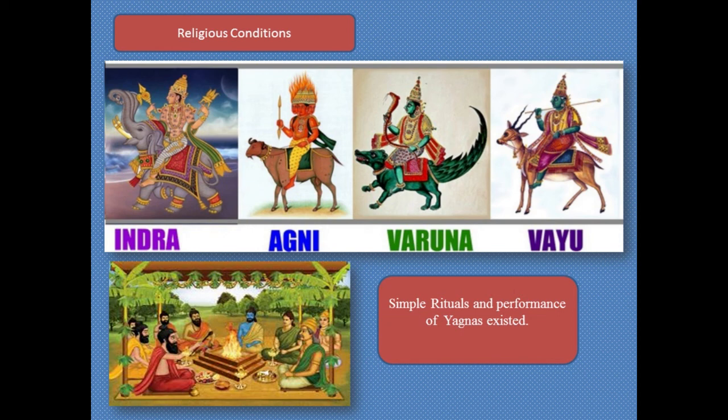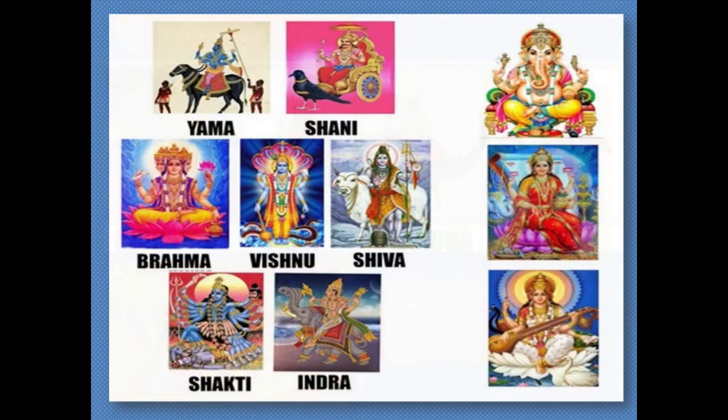This was called Sanatana Dharma because we don't find anybody as a founder of this religion. So naturally Hinduism was based on Sanatana Dharma. Practices were very simple. Yagas were very simple in structure during the early Vedic period. But the later Vedic period saw drastic changes. Rituals and ceremonies became more and more popular.